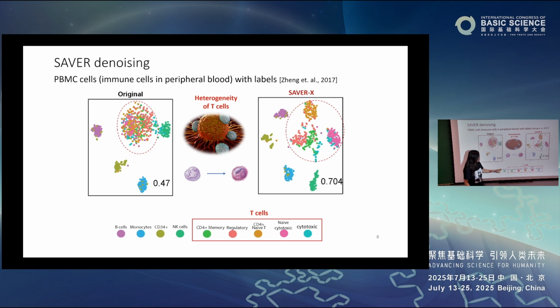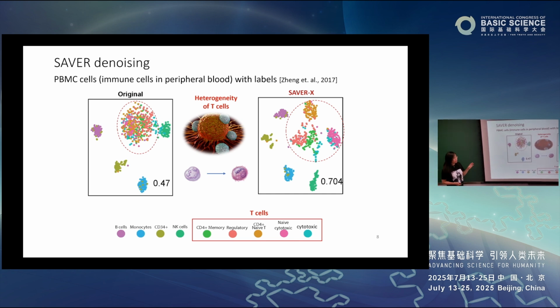For example, there are memory T cells, regulatory T cells, and cytotoxic T cells, which are actually the killer T cells. So it's very important in diseases to be able to tell them apart. In fact, there are many different subtypes of cytotoxic T cells. Being able to differentiate that structure in that population is important, and that is what denoising is trying to do.